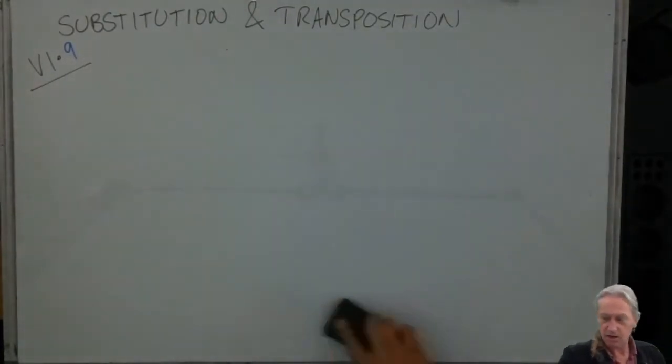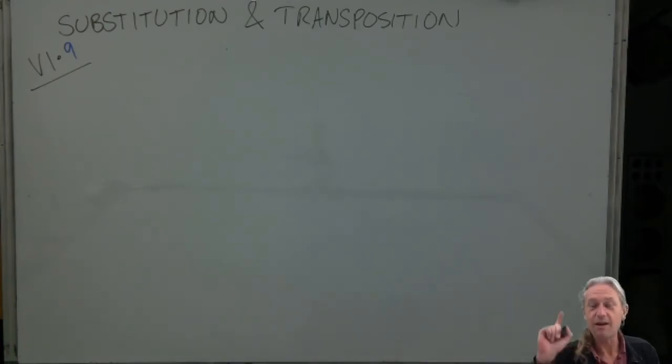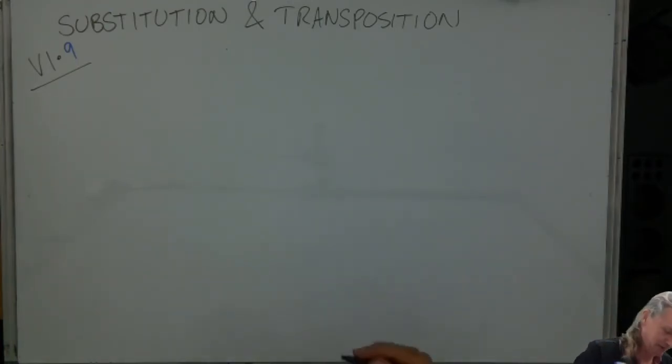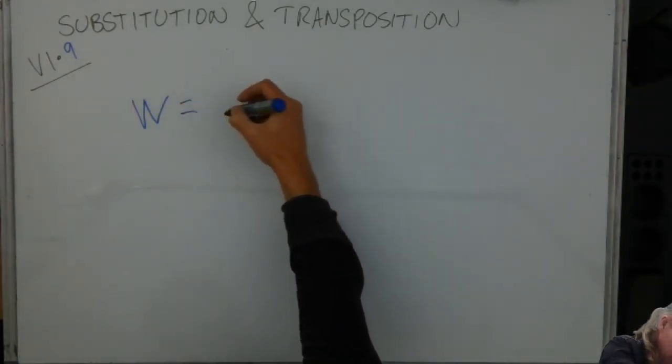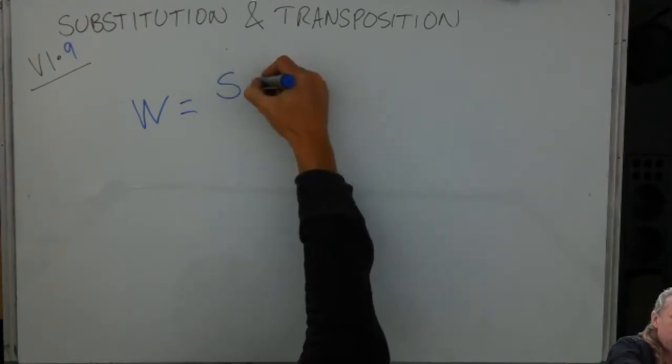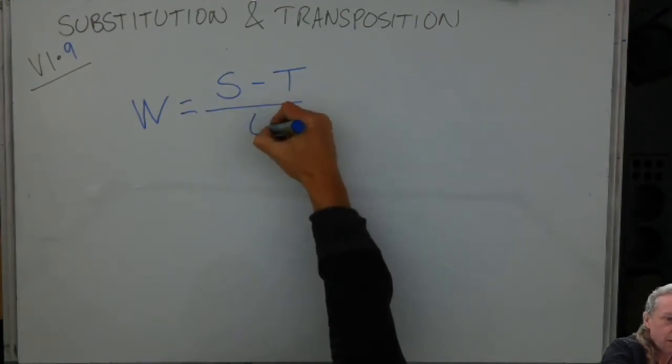So the thing to be cautious of here is we've got capital T's and lowercase t's. So just be aware that they're different. They're standing in for different numbers. So we've got capital W equals S take away T, all divided by little t.